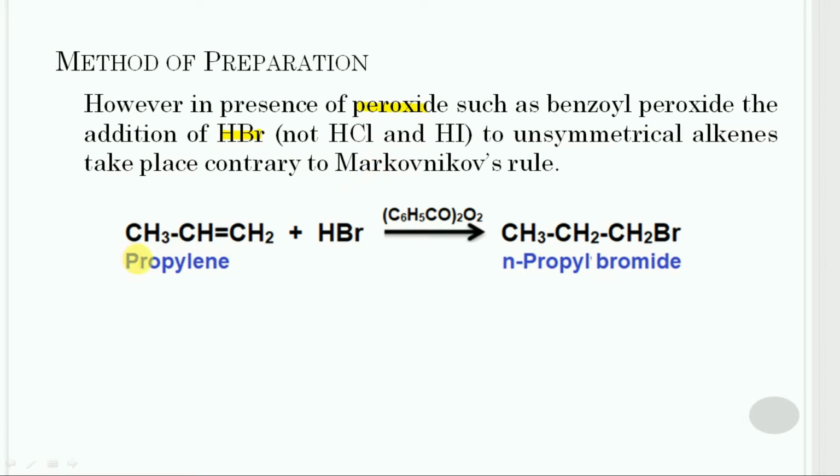So when propylene is treated with hydrogen bromide in the presence of benzoyl peroxide, n-propyl bromide is formed, and this is called the peroxide effect or anti-Markovnikov rule. So it is all about the synthesis of haloalkanes from alkenes.